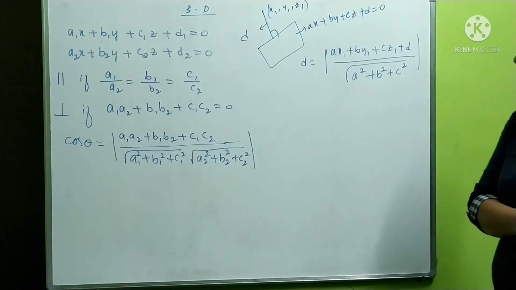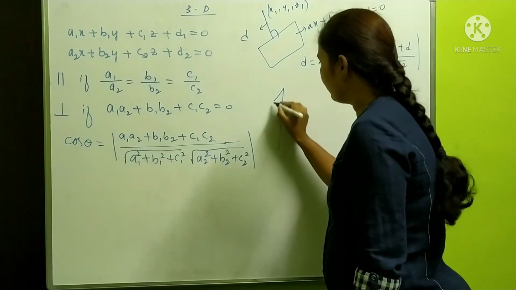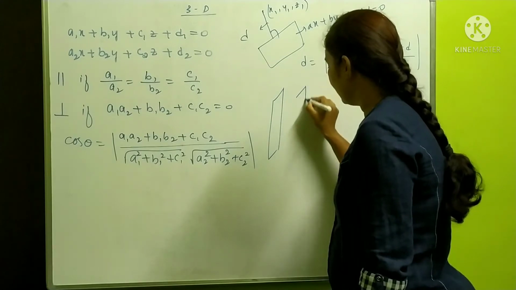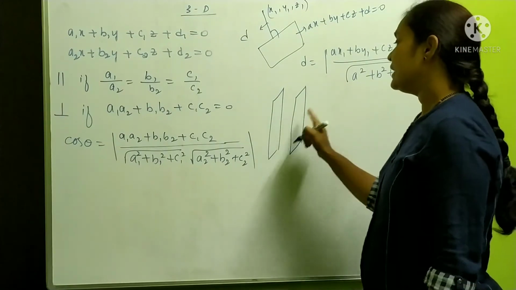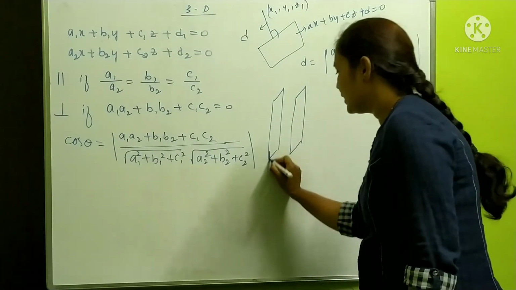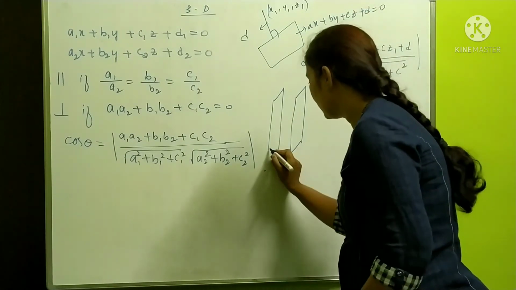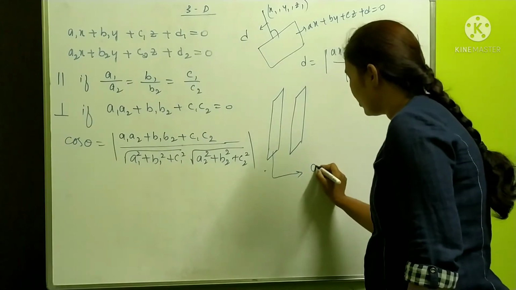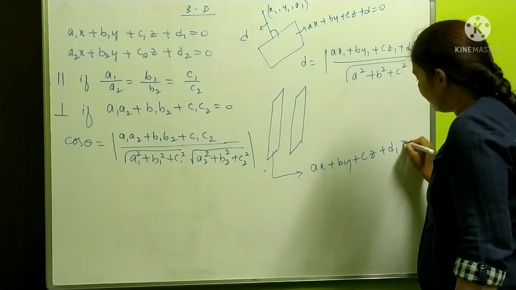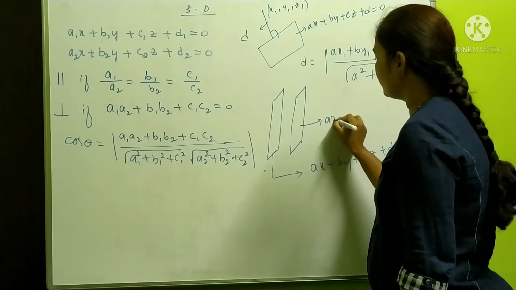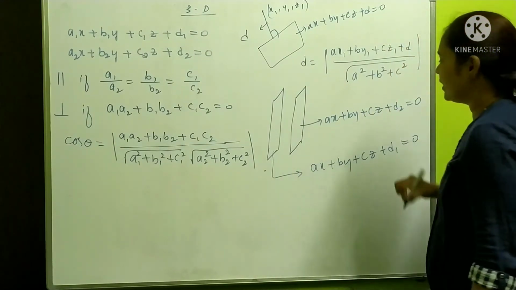Now, suppose two planes are parallel to each other. Let me take one plane here and another plane here. These two are parallel planes. Then their equations are of the form ax plus by plus cz plus d1 equal to 0, and ax plus by plus cz plus d2 equal to 0.